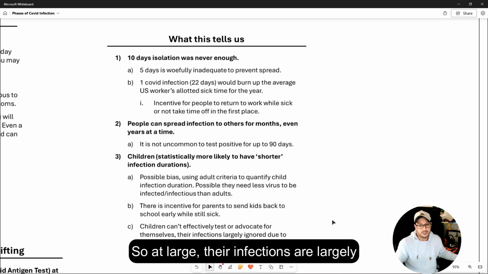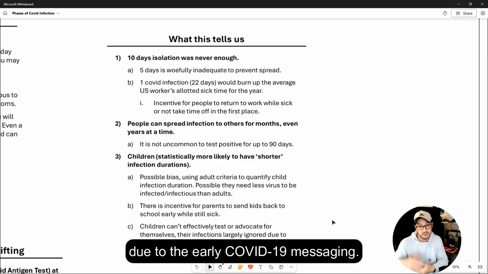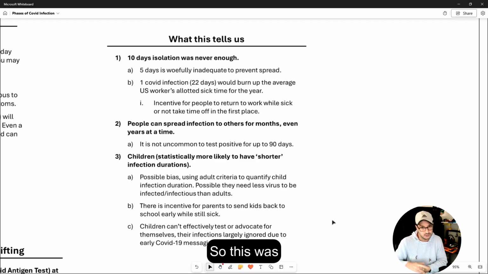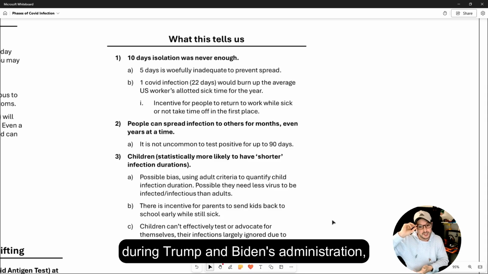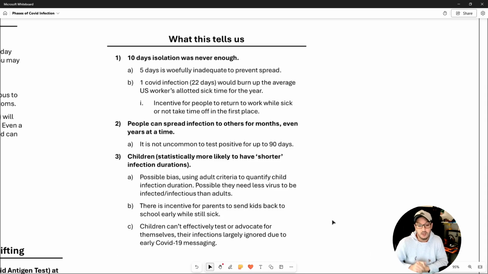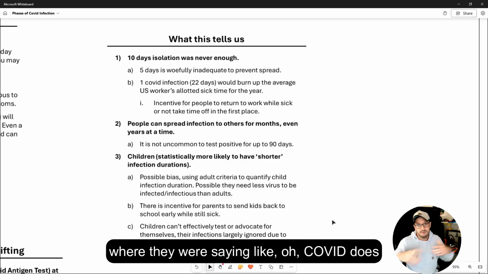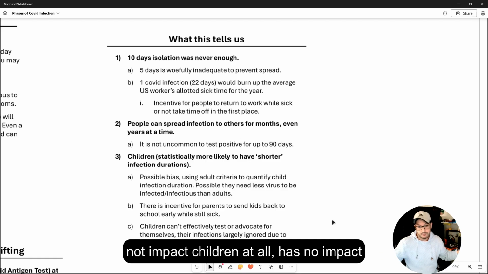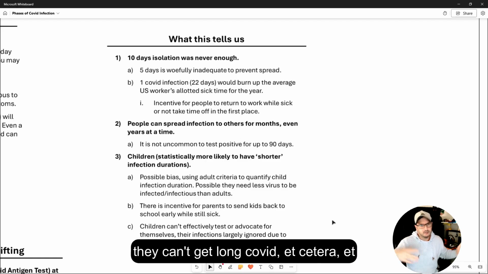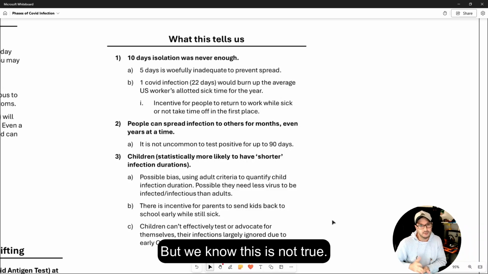So at large, their infections are largely ignored due to the early COVID-19 messaging. This was during Trump and Biden's administration, predominantly Biden's administration, where they were saying, oh, COVID does not impact children at all, has no impact on them. They can't get long COVID, et cetera, et cetera. But we know this is not true.